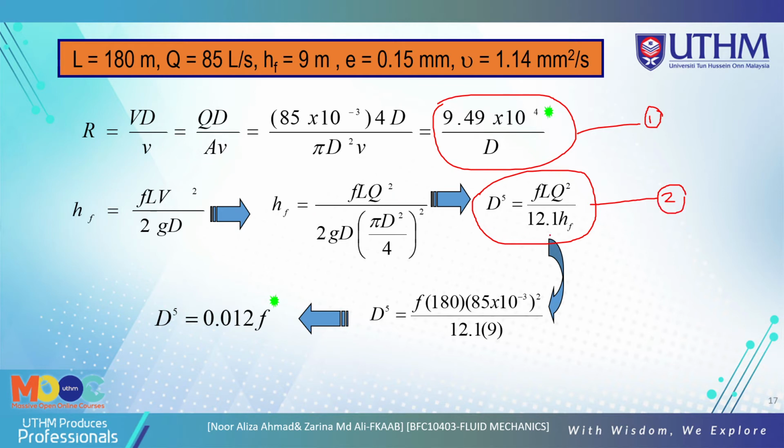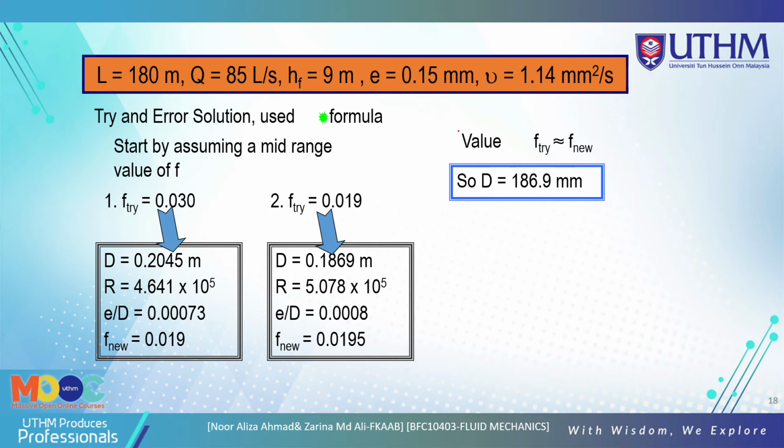Now based on equation 2 here, you just put all the values here, F, and so on until you get the formula, actually this is the formula till you get 3. You highlight this with green, so you just use this formula. Now you use the trial and error solution using the green formula here.